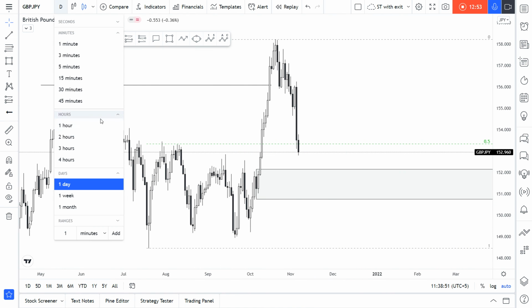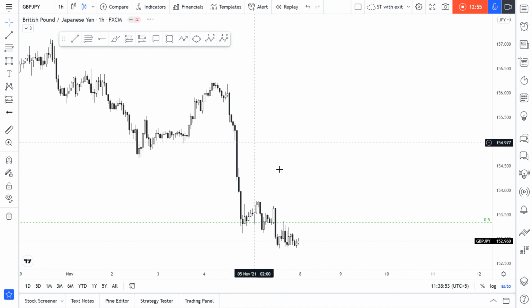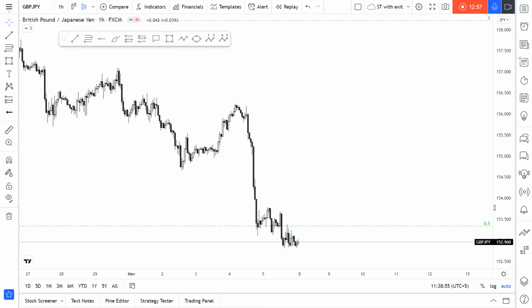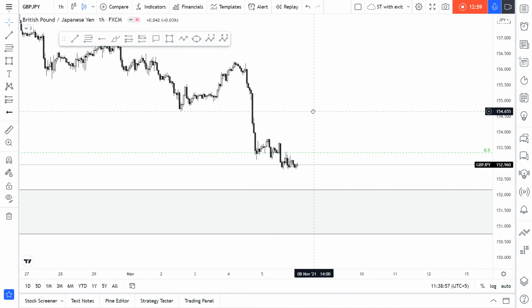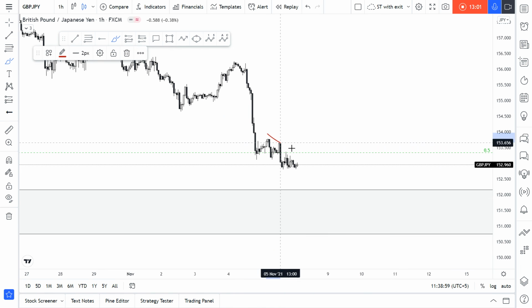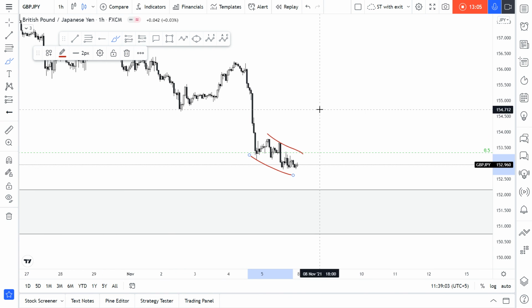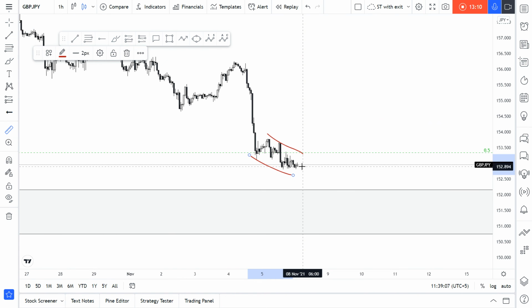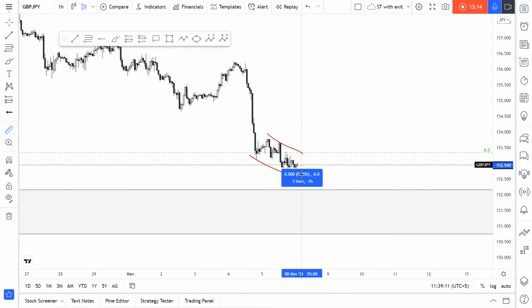Okay, I'm going to the 1 hourly time frame. It's also moving in a very corrective phase. One of my mentors said, which liquidity point is easier to reach?